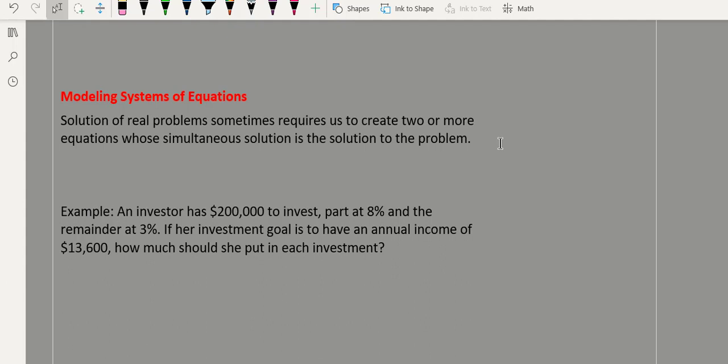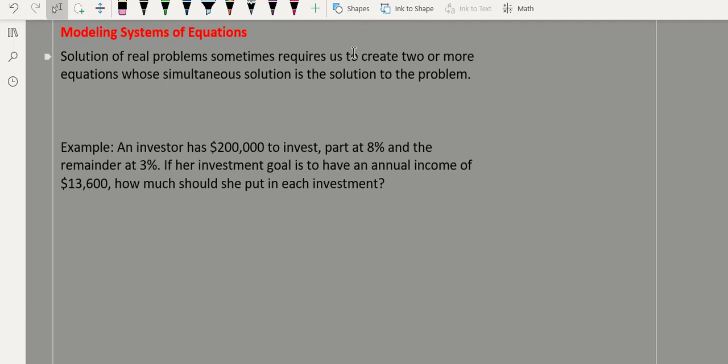So, for example, an investor has $200,000 to invest, part at 8% and the remainder at 3%. If her investment goal is to have an annual income of $13,600, how much should she put in each investment? So the thing is we want to set this up and model it as two equations.